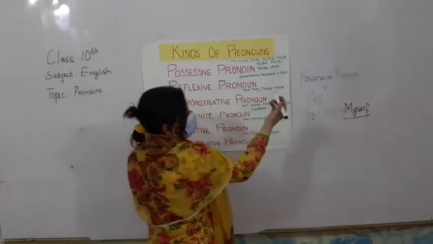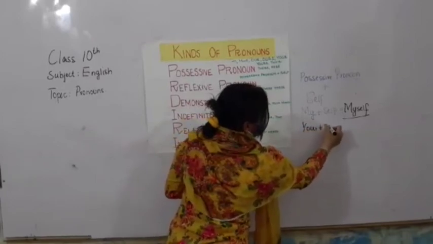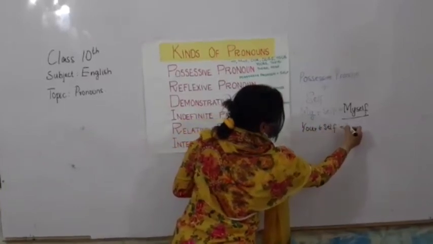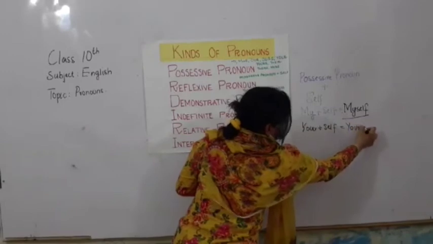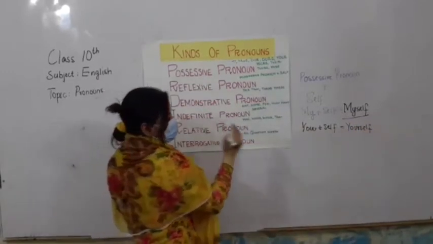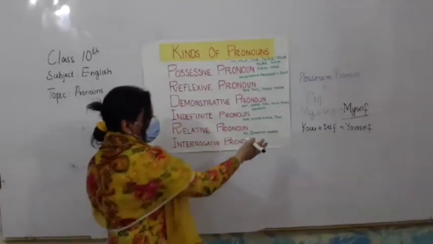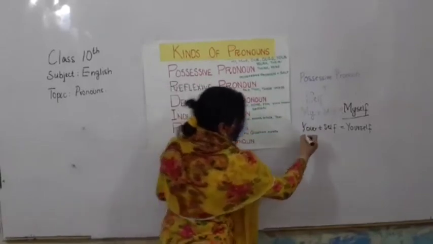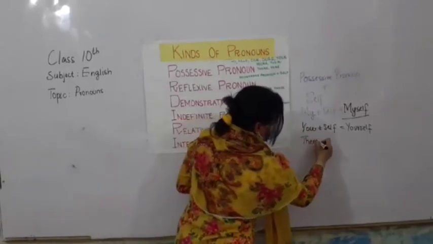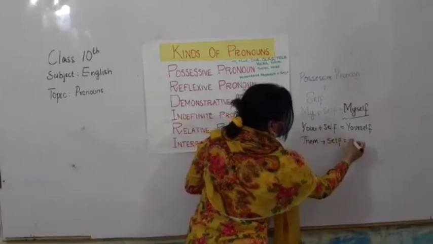Now, we could have more as well. Yourself: your plus self is equal to yourself. This is just made easy. It could be grammatical, it could not be grammatical, but it is something that you can easily understand. You just add self to all of them: their, possessive pronoun or personal pronoun plus self is called themselves.